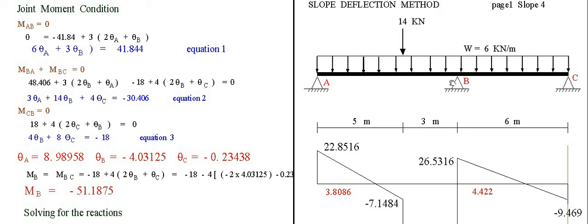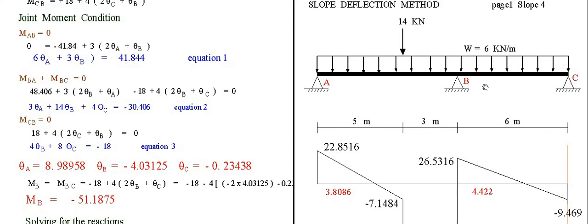So the moment on the left of B is positive. The moment on the right of B is negative. There are two moments here. One is positive on the left in this direction, then positive on the right in this direction.